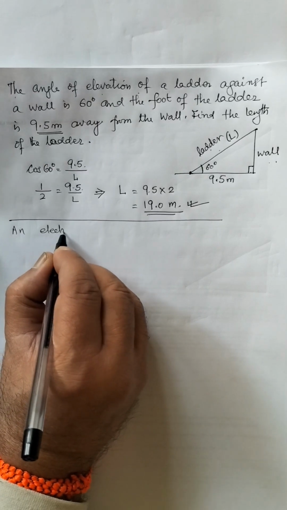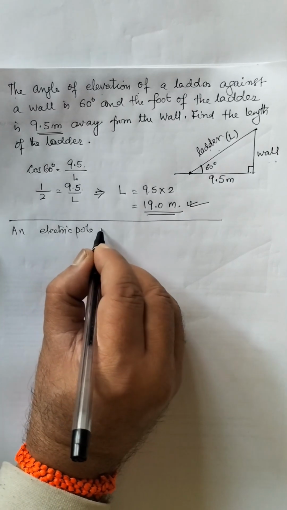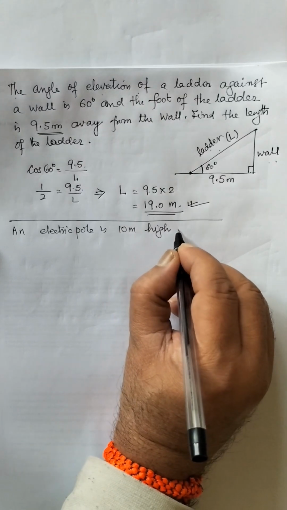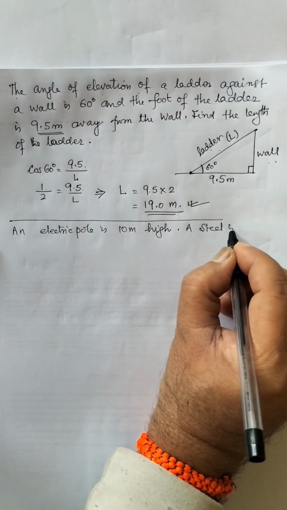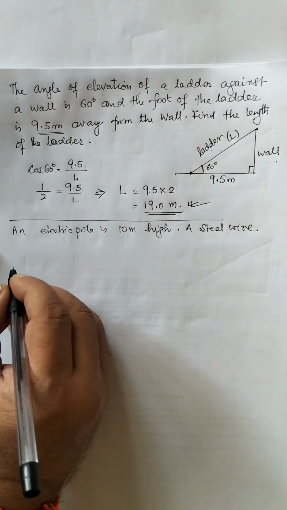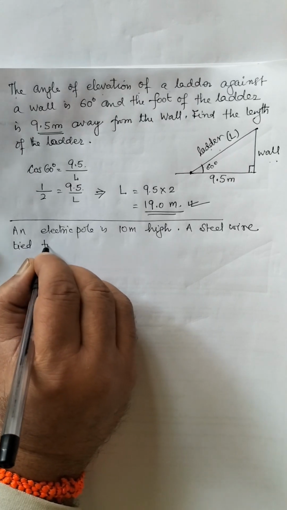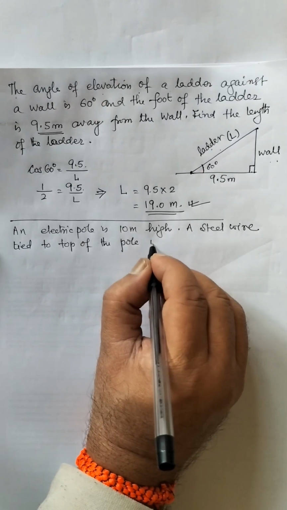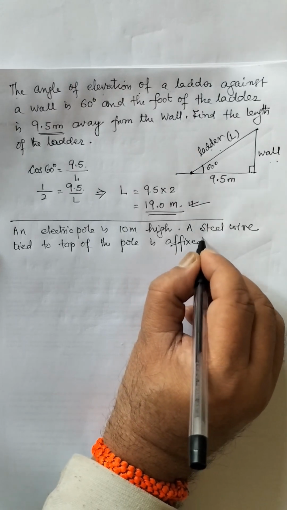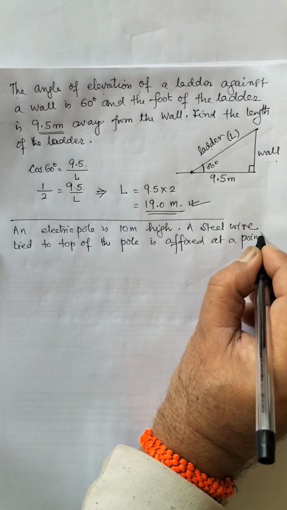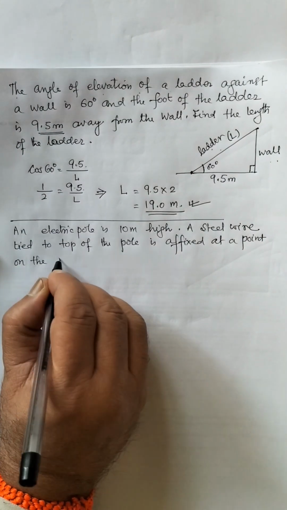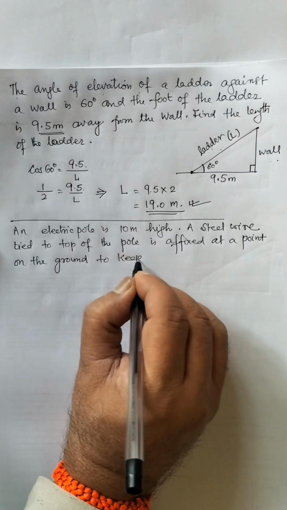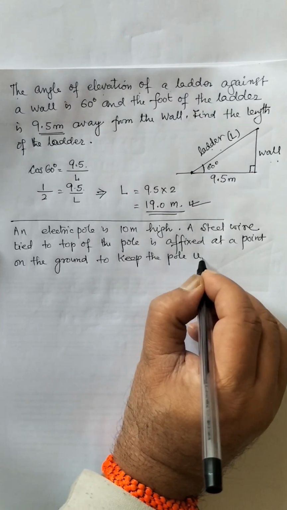An electric pole is 10 meters high. A steel wire tied to the top of the pole is affixed at a point on the ground to keep the pole upright.